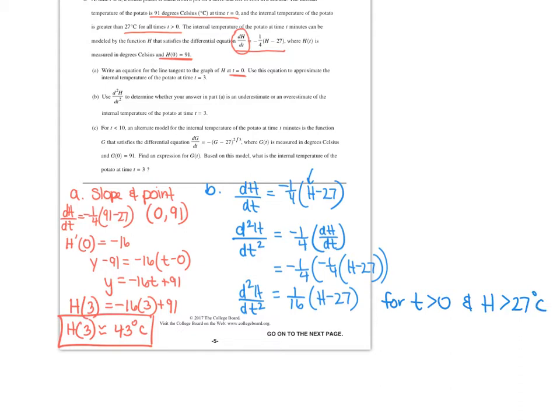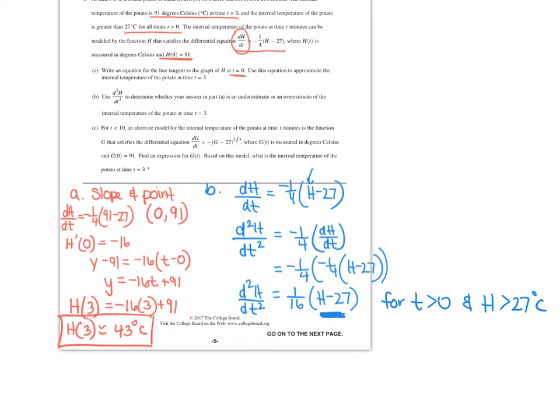So when looking at this, 1/16 times (h minus 27), since our h value is always greater than 27, the value in here is always positive, times 1/16, meaning our second derivative is always positive.